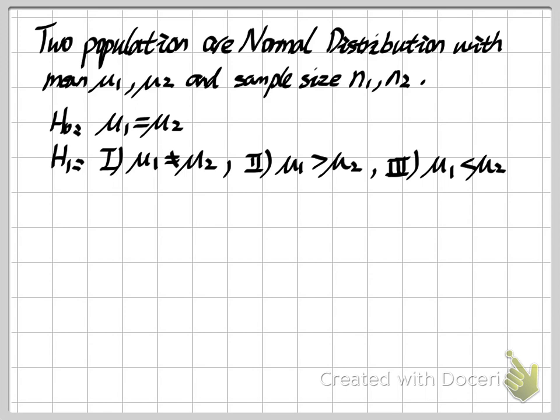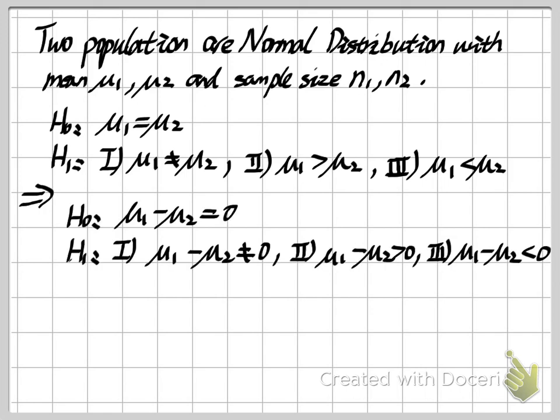So what we can do is rewrite this setting of our hypothesis into this second form. We can just move mu2 from the right side to the left side. So for the null hypothesis, we have mu1 minus mu2 equals 0. Now we have a number on the right side of our equation. And similarly, we can write the alternative hypothesis as follows.